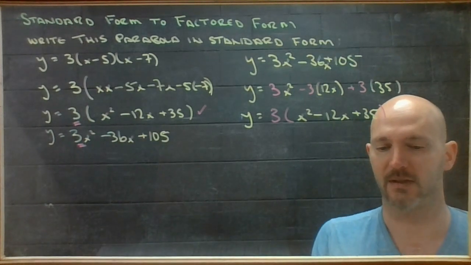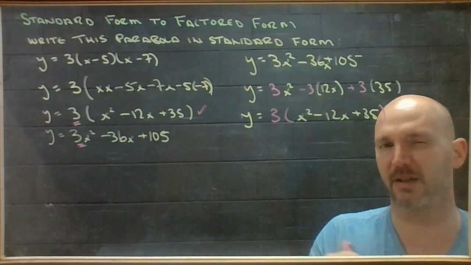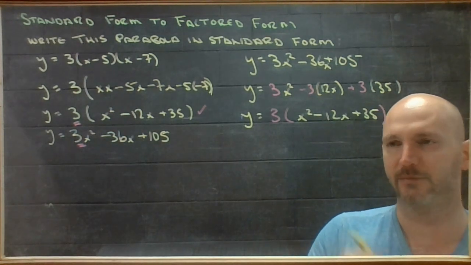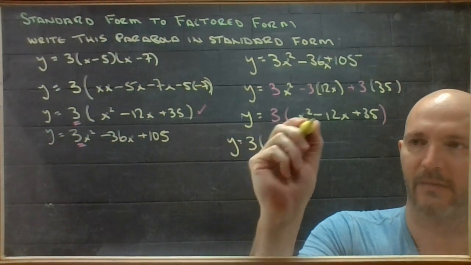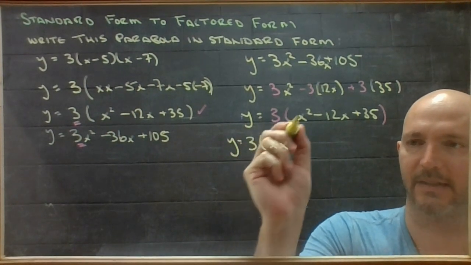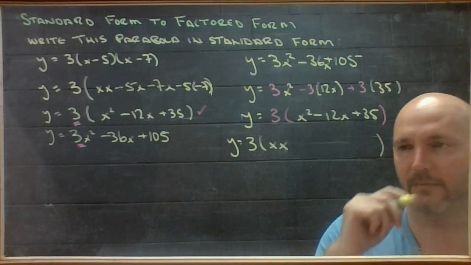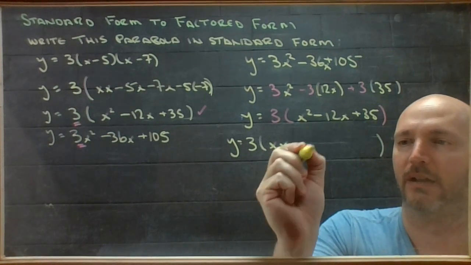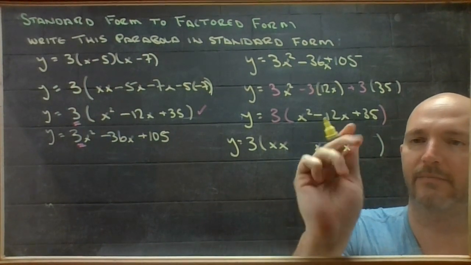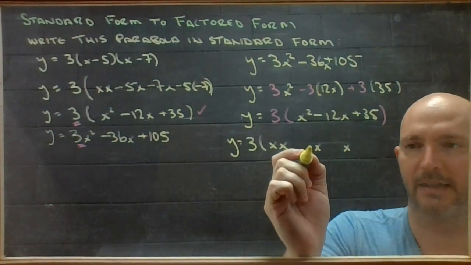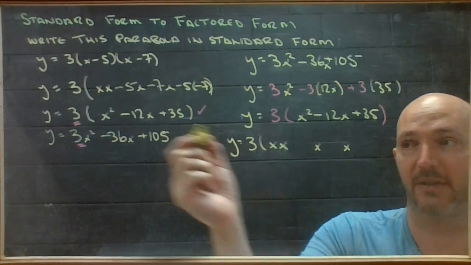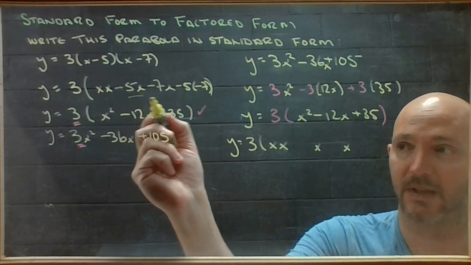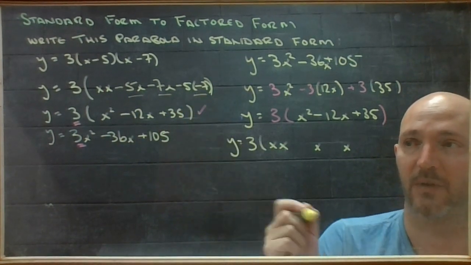Okay, this is sort of the place that requires some thought. X times x, that's easy. Now I need something with an x attached to it, something with an x attached to it, and then a number on its own, right? That's what I'm going for. Something with an x, something with an x, number on its own.